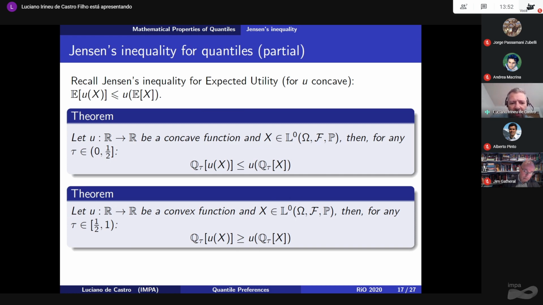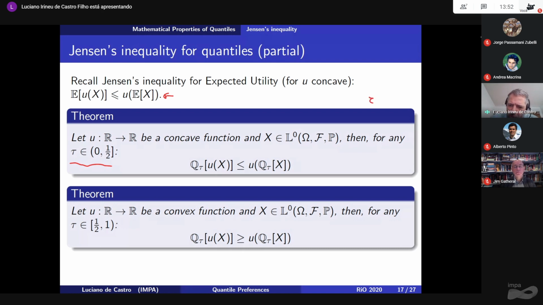The first one is the Jensen inequality. I remember this, that's valid for expectations, right? For u concave. And we are able to show a similar result, at least for tau below half. We didn't find the result in the literature. This seems a simple one. It's very intuitive and very straightforward to ask if the Jensen inequality holds for quantiles, but we didn't find this in the literature.